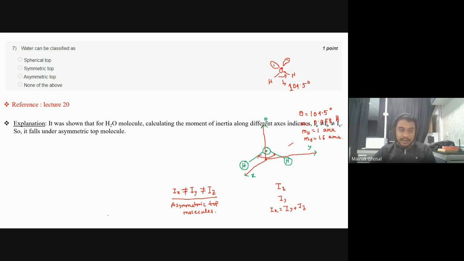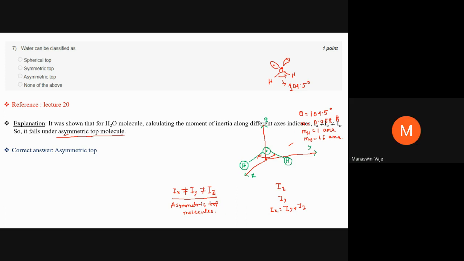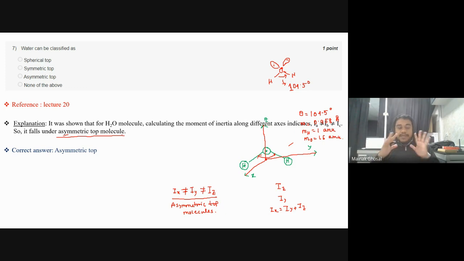So it falls under the category of asymmetric top molecules. So do you want my answer? Yes, sir.